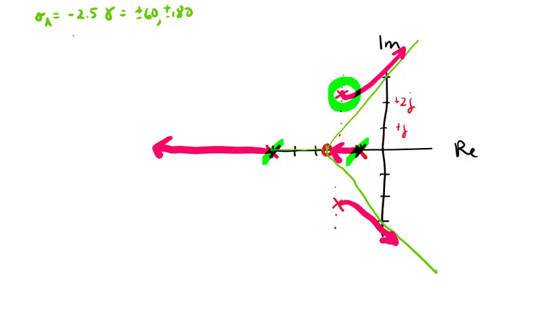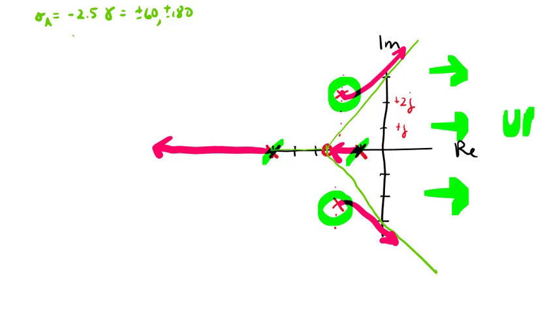These two, if the gain gets too big, we can see that this pole moves to this side of the imaginary axis, which is unstable. So there is a value where this system gets worse and worse. So we don't want K, the root locus gain, to get too big, otherwise we're going to have an unstable system.